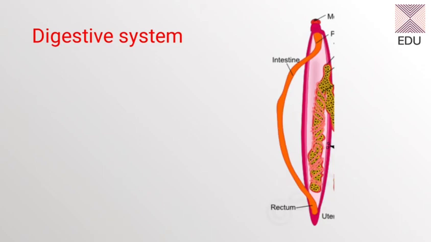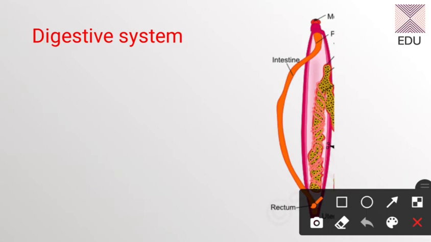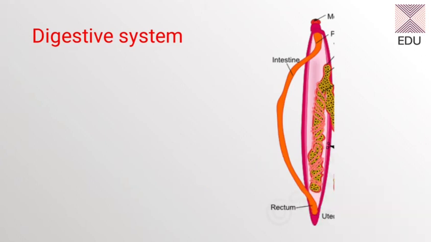Students, if we see the diagram of this system, this particular orange line is the alimentary canal. You can see that it is a very simple, long tube present inside the body of the Ascaris.